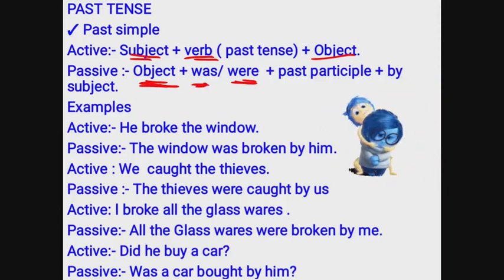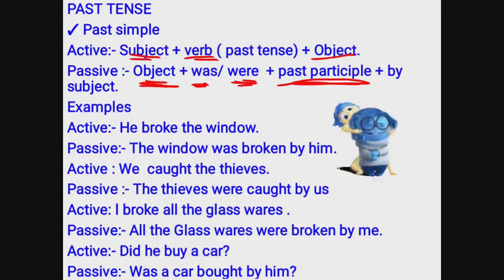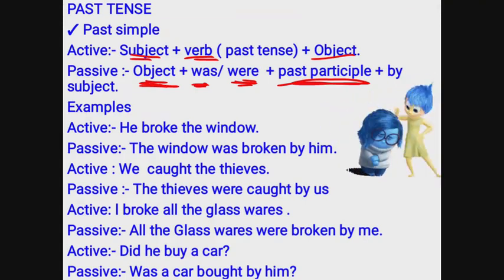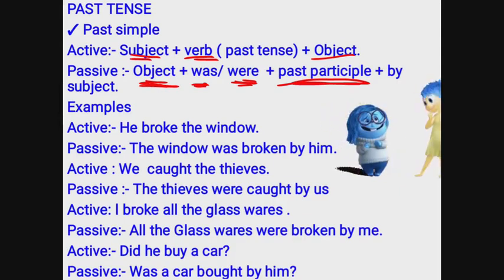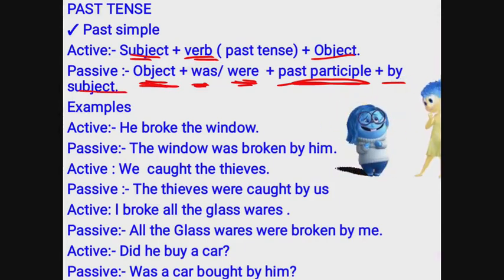"Was", if the object is one, we use "was". If the object is two or more than one, we use what? "Were". Then take notes, as usual, we add our what? Past participle. Take note, all passive voice uses the past participle form of the verb, which is the third form of the verb. Now, as usual, we add "by" and we put our what? Subject.